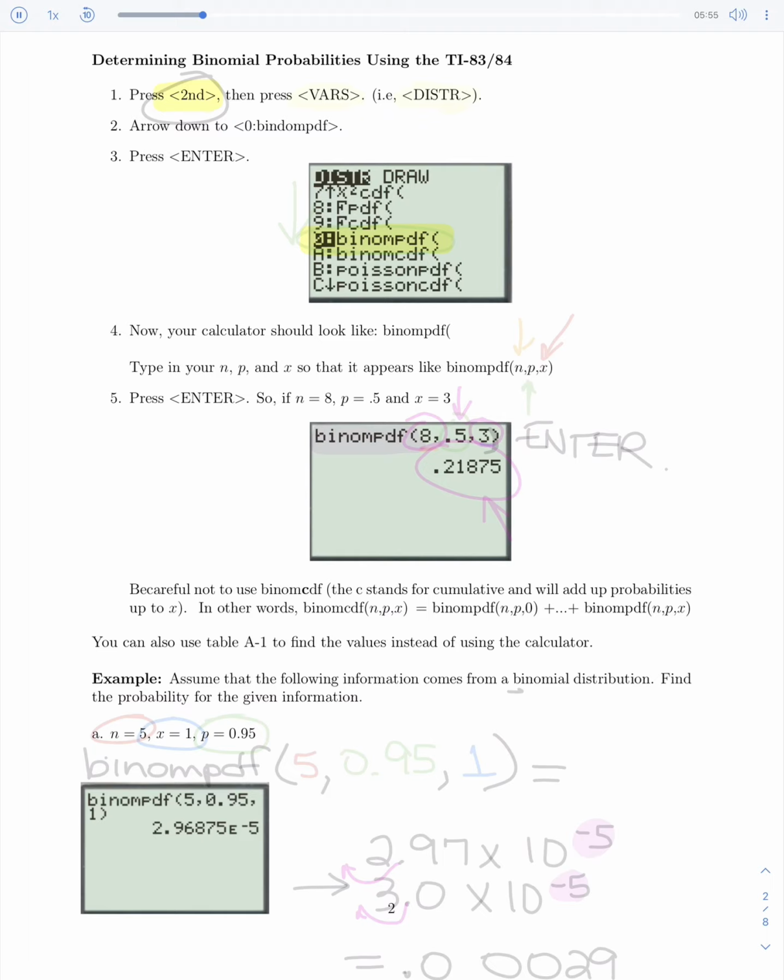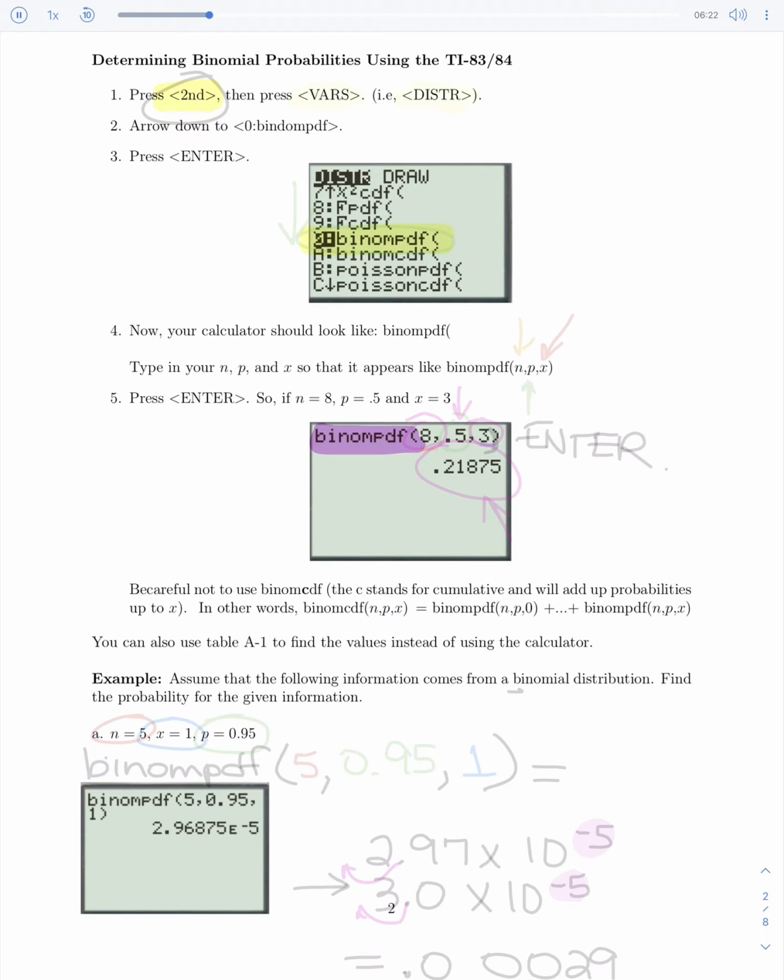What happens if you press enter after the binom PDF is your calculator will only display this first part, the binom PDF with a parenthesis. You have to enter in everything after that, so we have to know what order we're going to be entering things in. Most calculators don't tell you what order you've got to input things in.